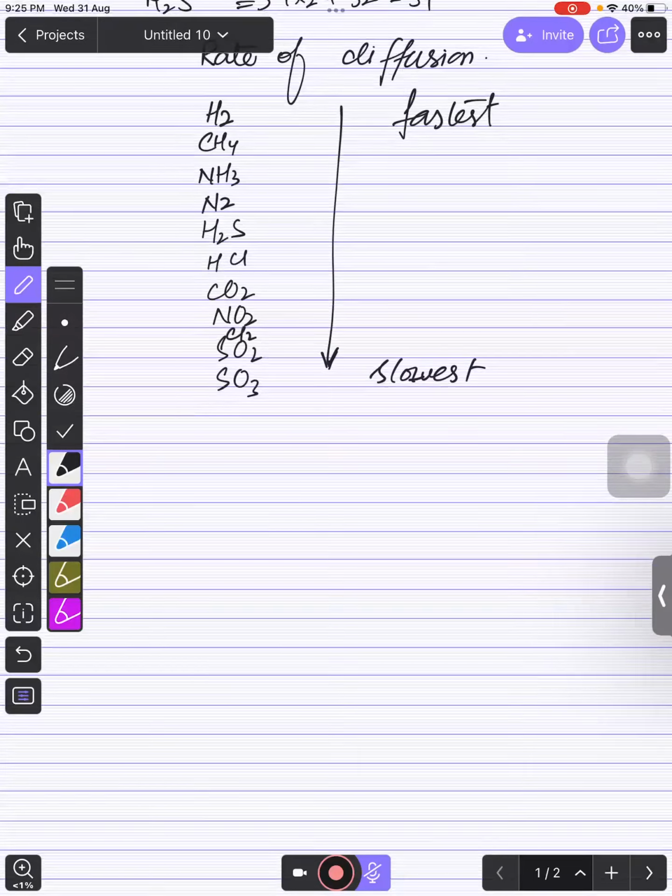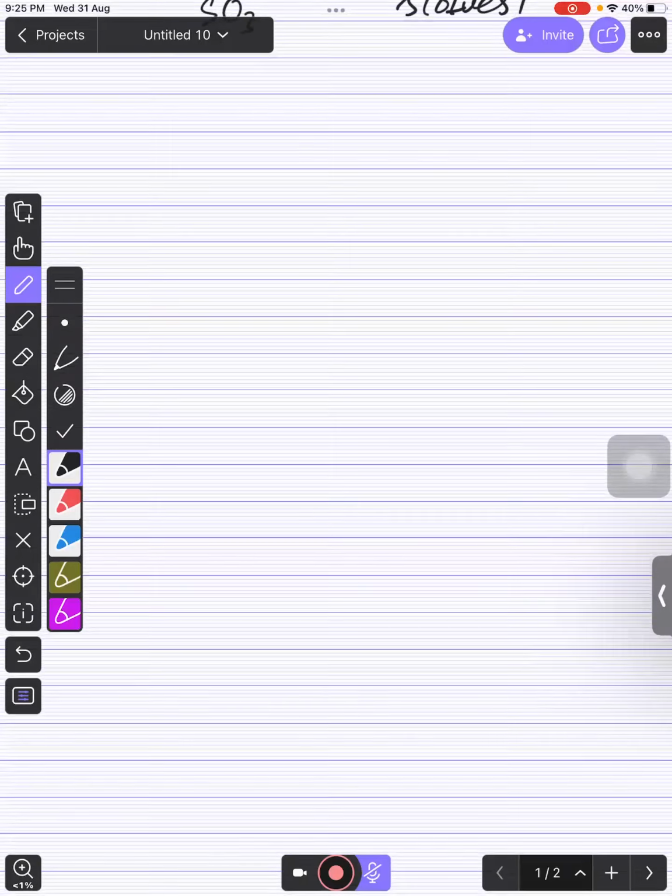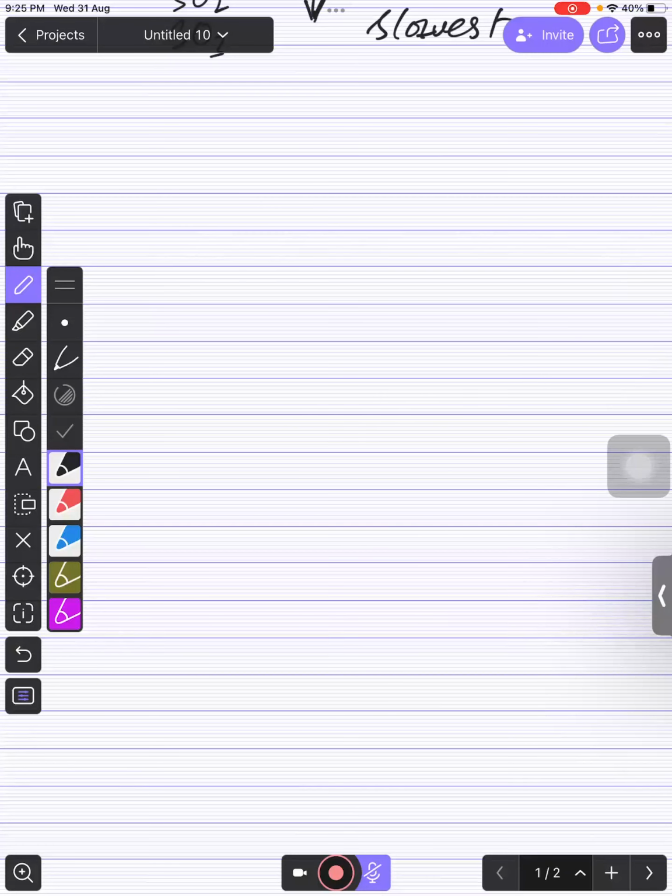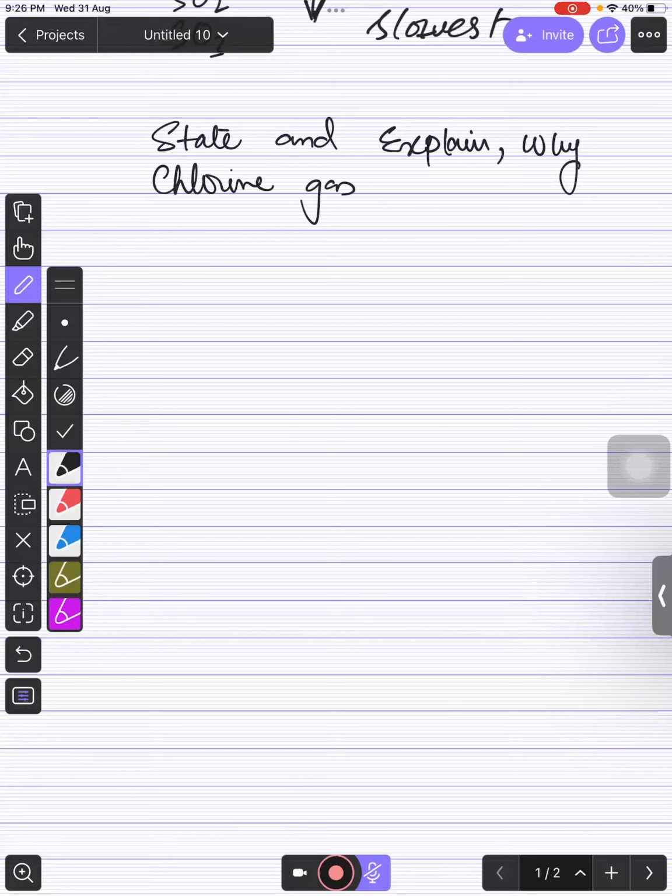Okay, so for example, if I have a question for you guys, can you solve this question? The question is: state and explain why chlorine gas diffuses faster than sulfur trioxide gas, right?